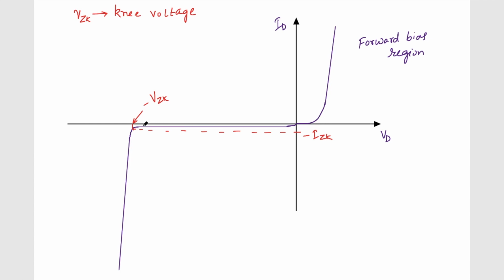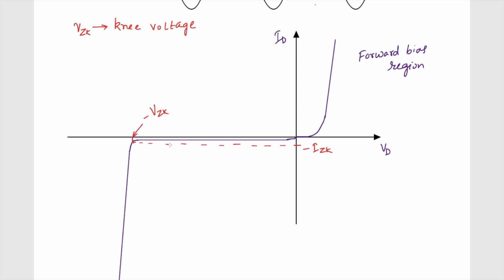After this voltage, the diode is going to be in the breakdown region and the curve becomes very sharp. This kind of effect is called the Zener effect.